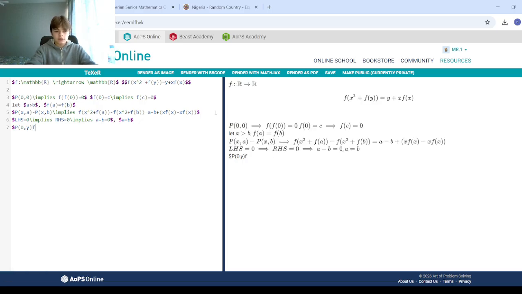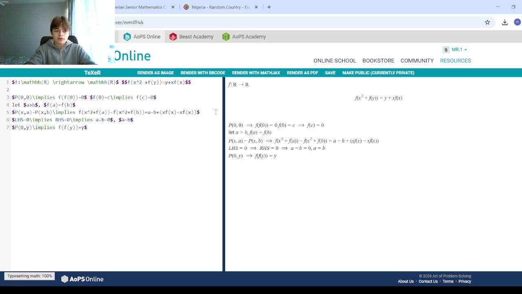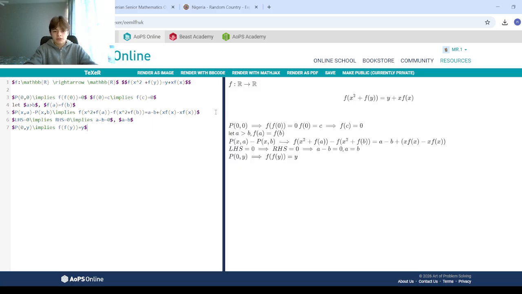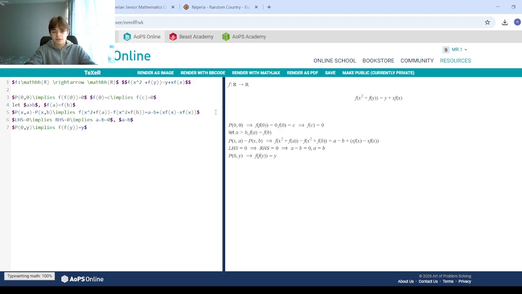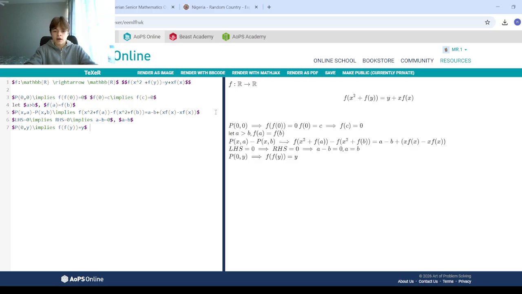So we get f(f(y)) is equal to just y, and from here this means that f is an involution, and this also means that f is surjective because we can choose y equal to anything, and there exists a such that f(a) is equal to y for every y. So we know that f is bijective.